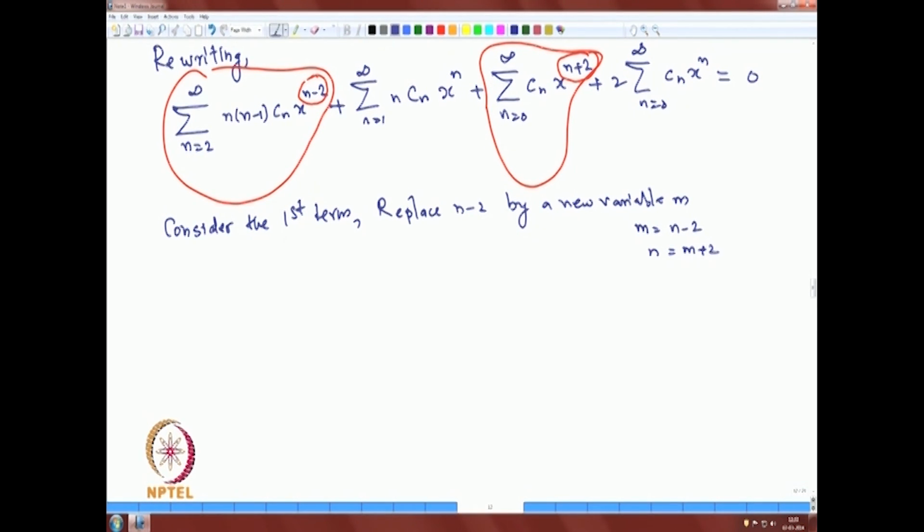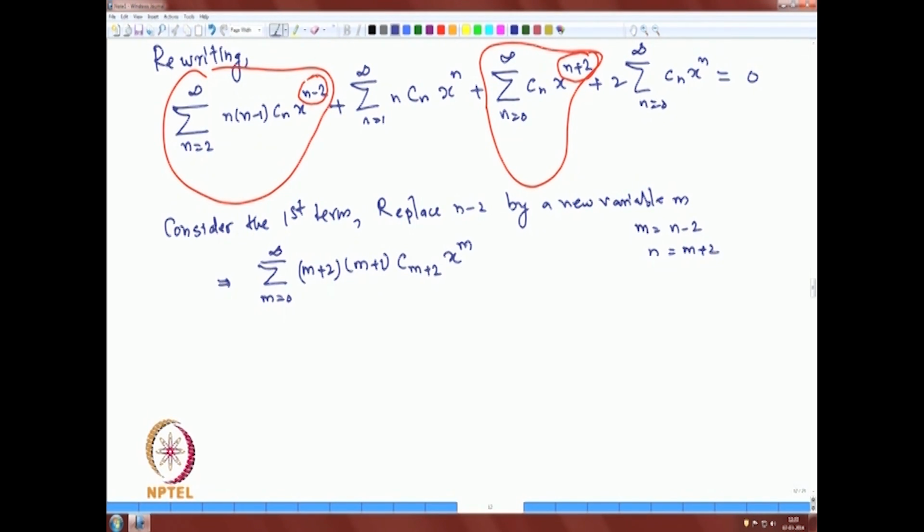If we use this, then the first term in terms of m becomes: when n is 2, m is 0, so the summation goes from m equal to 0 to infinity, m plus 2 into m plus 1 into C m plus 2 into x to the power m.